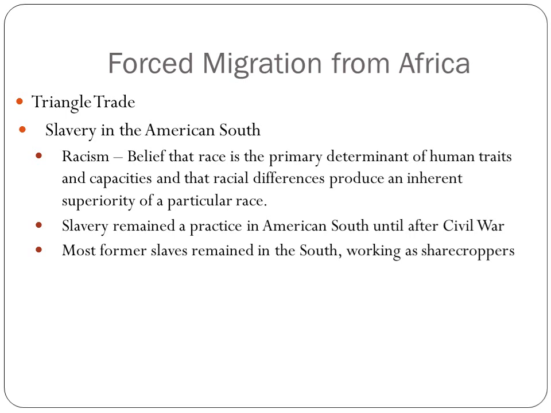Racism, one of our vocabulary terms from this unit, is the belief that race is the primary determinant of human traits and capacities, and that racial differences produce an inherent superiority of a particular race. And there was an element to that in American slavery, that one race was superior and one race was inferior.